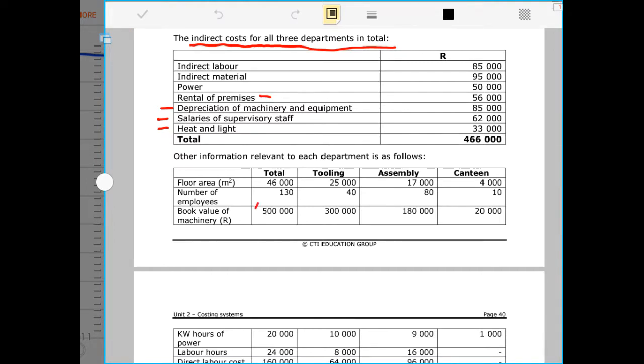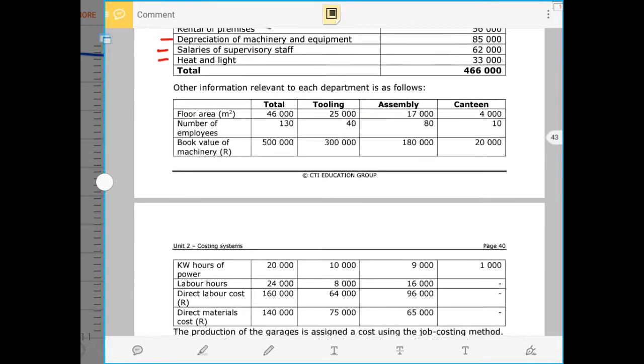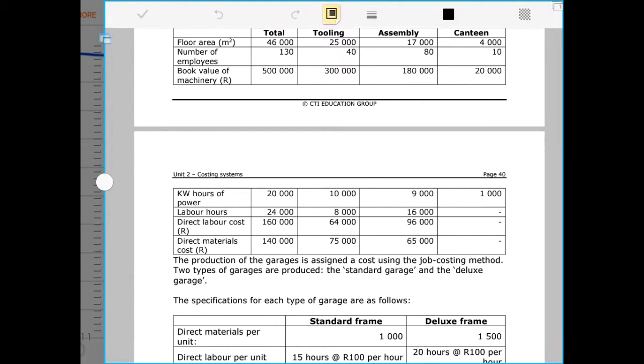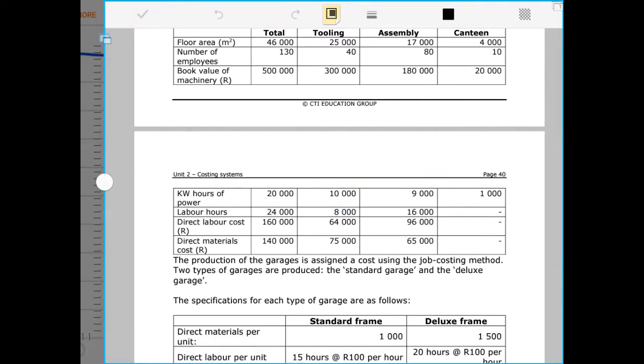Then the value of the machines is 500,000, being 300,000, 180,000 and 20,000 for the machines that we have in all the three departments. Then we have kilowatts of power, which is 10,000, 9,000, and 1,000 for the departments, and the total is 20,000 in all.